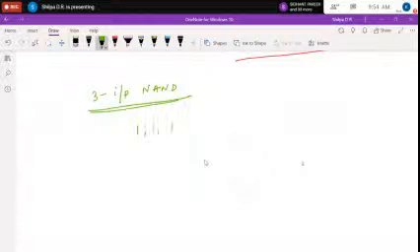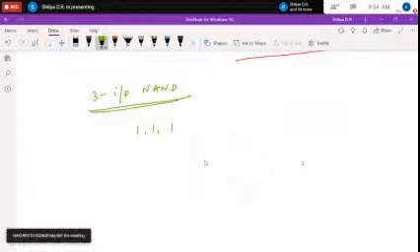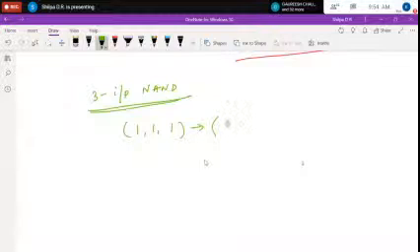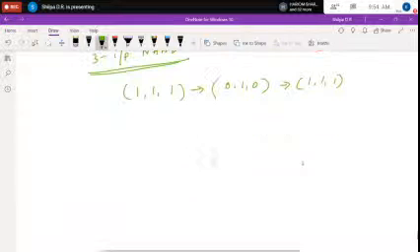A B C are 1 1 1. Then after that, imagine it changes to 0, 1, 0. Then once again it tries to switch to 1, 1, 1. So let us identify what happens to the rise time and fall time.